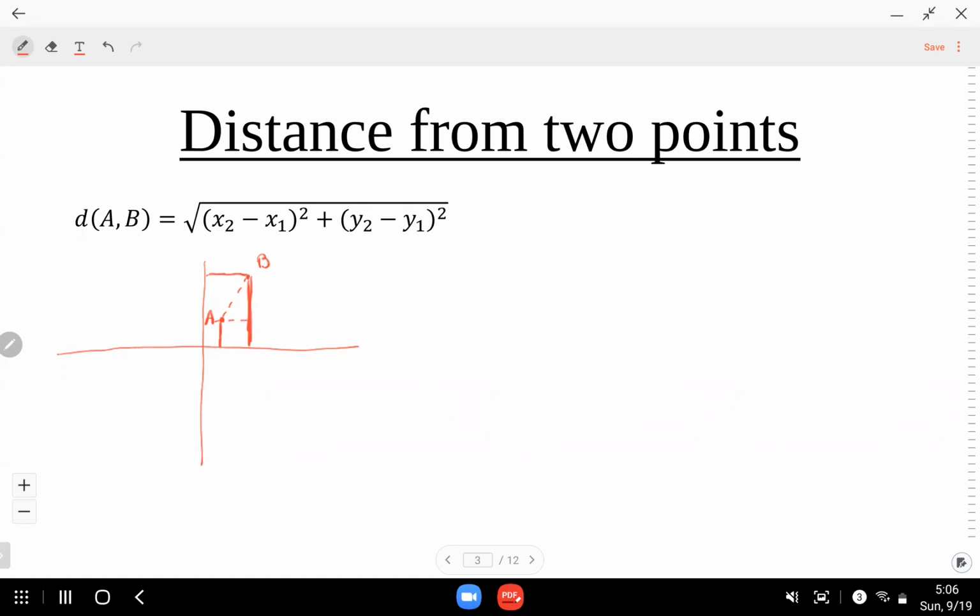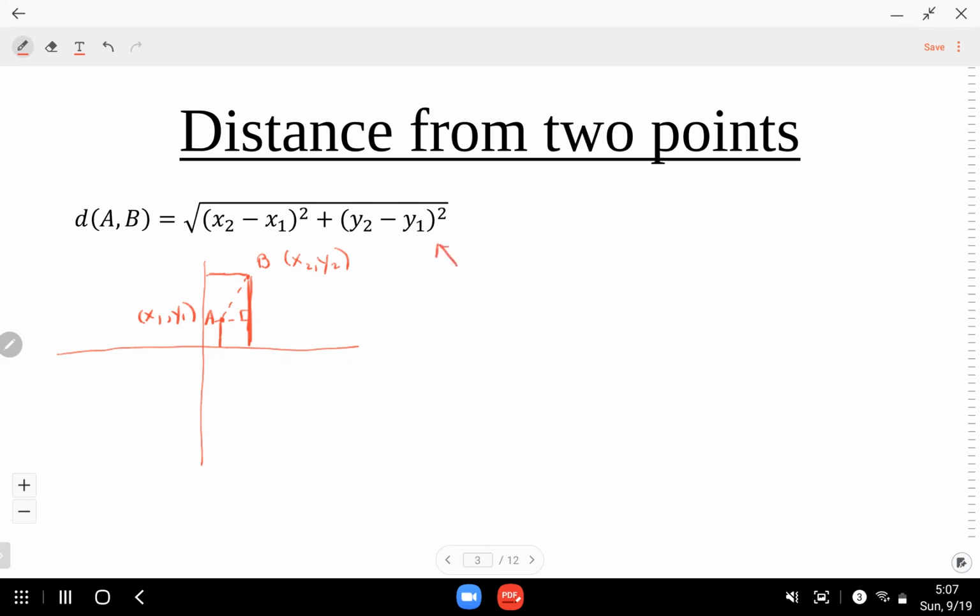Okay, so you see here, if A is x1 and y1, and B is x2, y2, then this height of this right triangle here would be y2 minus y1. And similarly, the length of this right triangle here would be x2 minus x1. So that's how we obtain this formula right here.